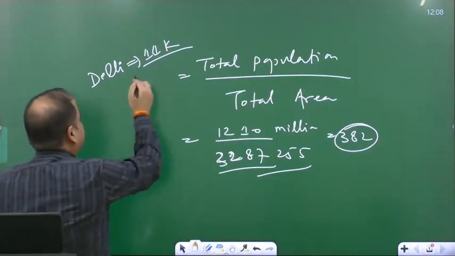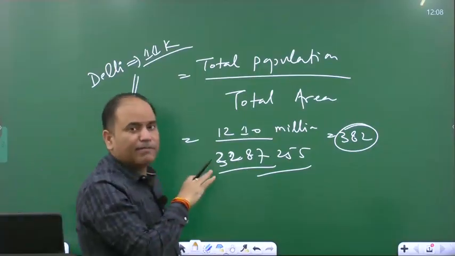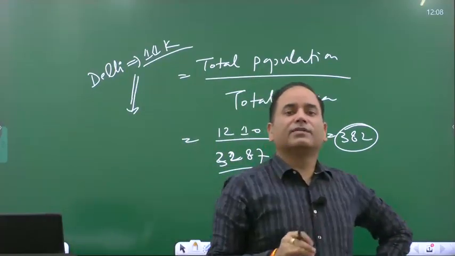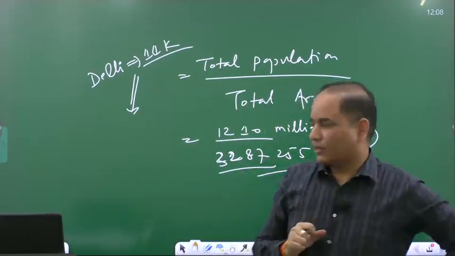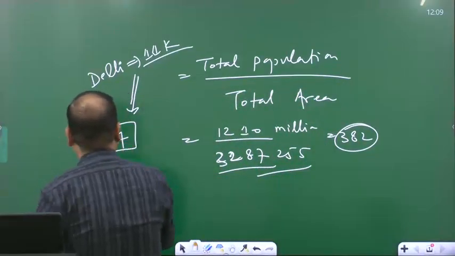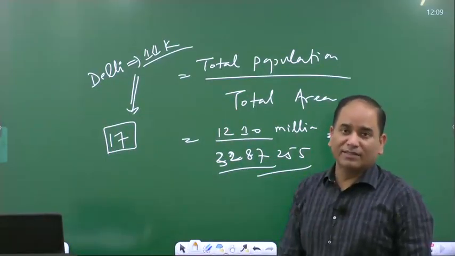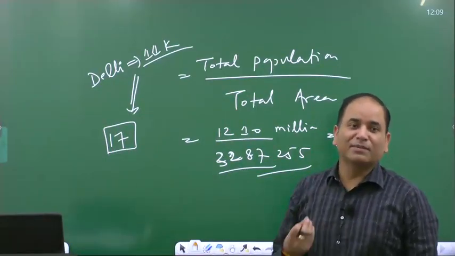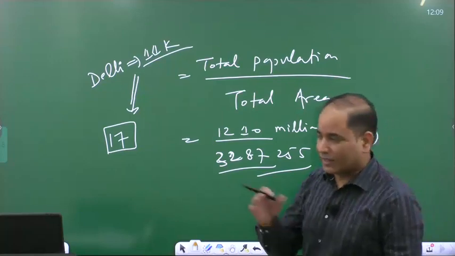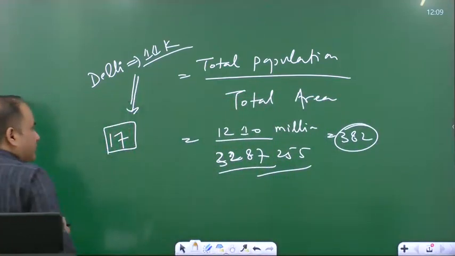Whereas at the same time, in places like the Northeast the population density is very low. One of the states with the lowest population density is Arunachal Pradesh, where the population density is only 17 persons per square kilometer. So in 1 kilometer area you will have 17 people.